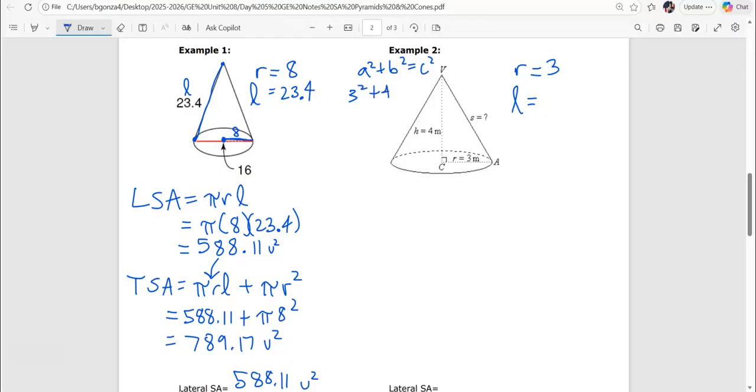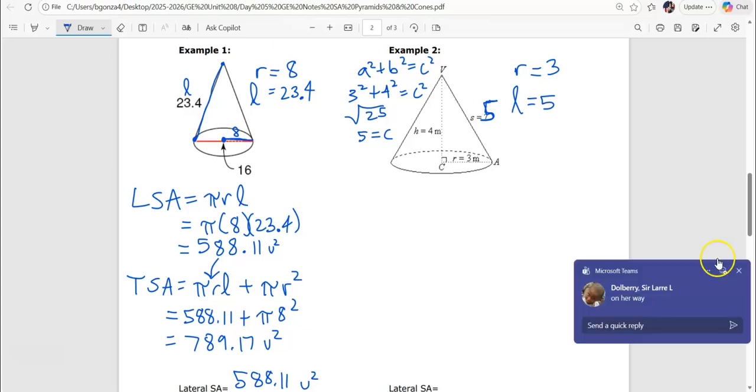I hope by now you know 3 and 4, when you square them, you add them up, you get 25 and you square root. That gives you a slant height. The hypotenuse on this right triangle, 3 and 4 on the legs, gives you a hypotenuse of 5. So my slant height is 5. Okay. We've done this multiple times. We did it on the last notes and already once on these notes.